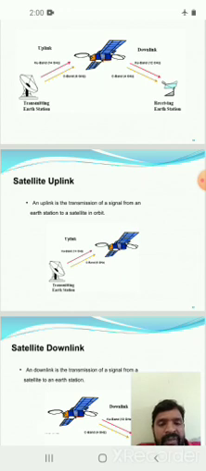The uplink frequency is used to transfer the signal upward from the earth station antenna to the satellite. The uplink frequencies are in the C band and Ku band: the C band uses 6 GHz and the Ku band uses 14 GHz.